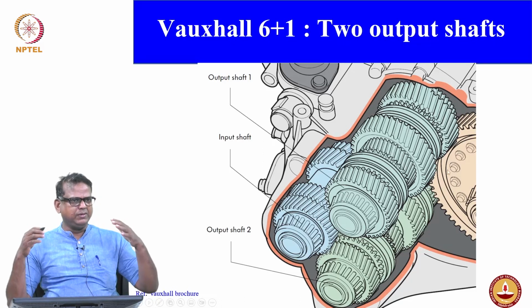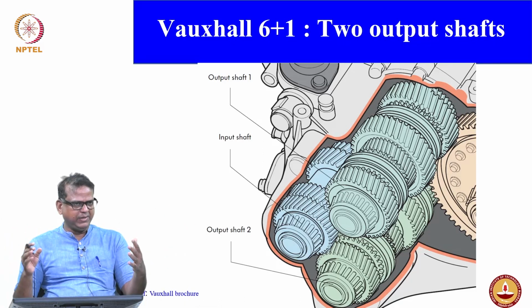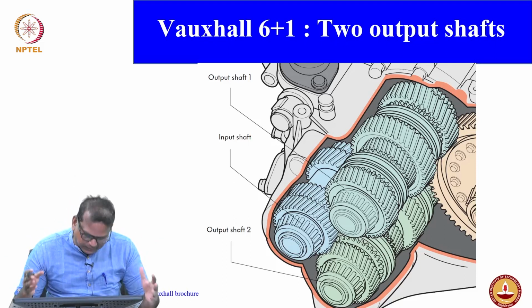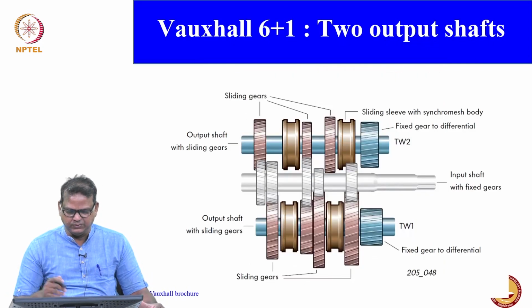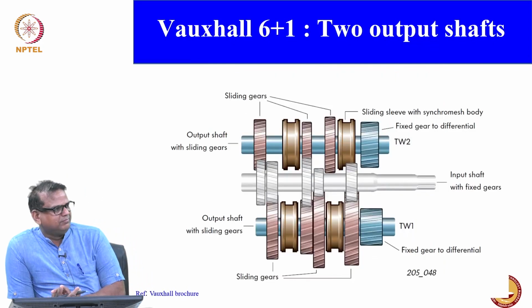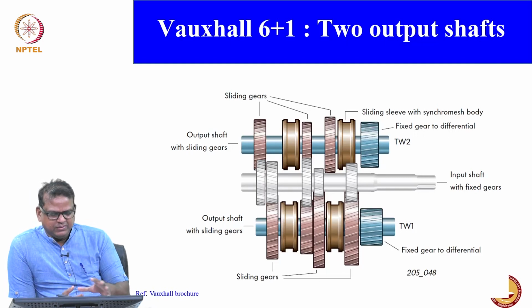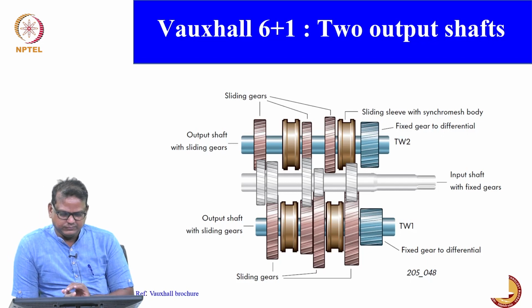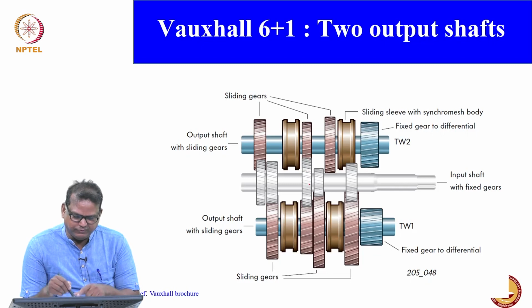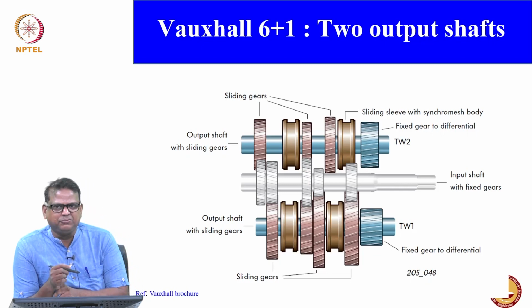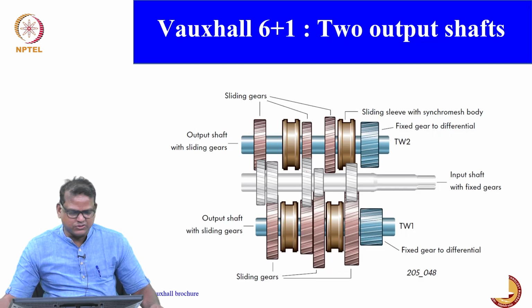So wherever you have a length constraint, you can go for the two output shaft arrangement. You can see here, this is the arrangement, and the same thing with the kinematic arrangement. You have to be very careful. The common gear should have the required gear ratio, one gear for both output shafts. You have to design in such a way. I think I'll stop now. Thank you.